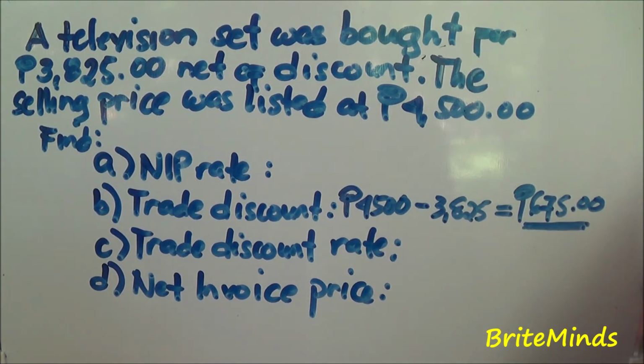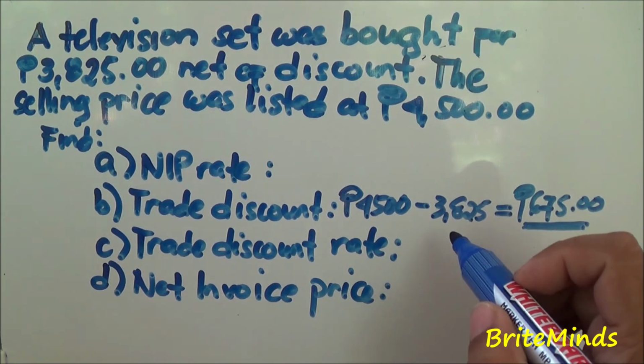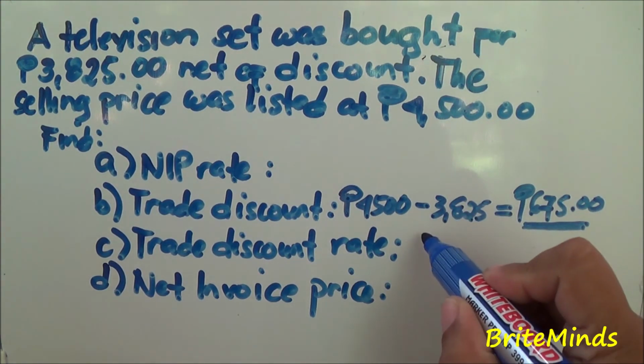Can we solve the NIP rate? No, we cannot. So we need to find the trade discount rate first. How much is our discount? 675.